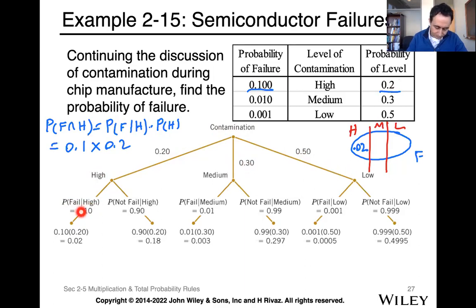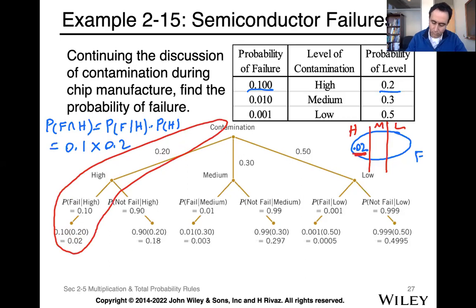So if I want to see the chance of ending up in this branch, all I have to do is multiply 0.2 by 0.1, which is 0.02. So this is exactly what I did here. Basically this path here is this number that I calculated from the Venn diagram.